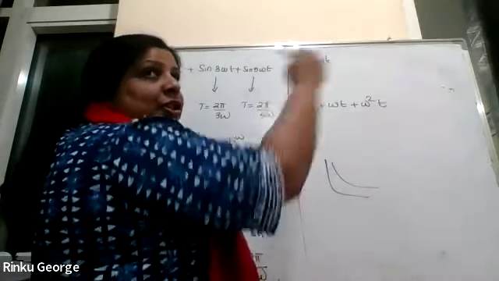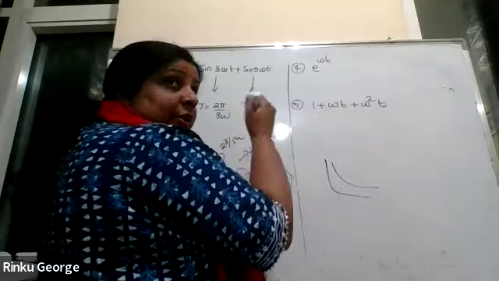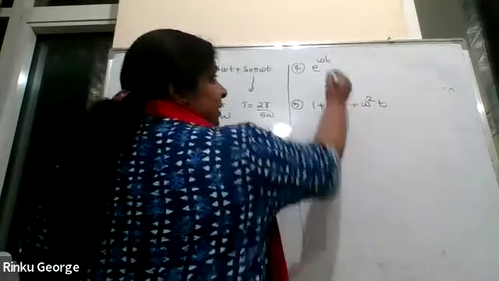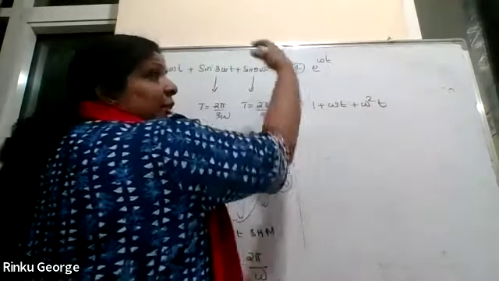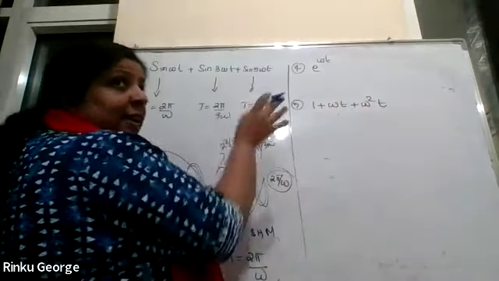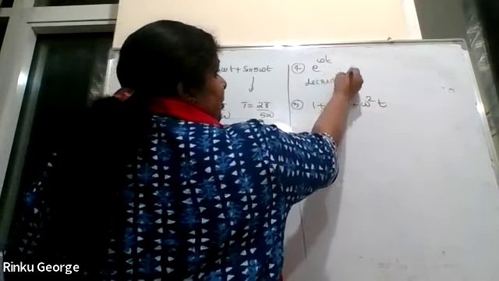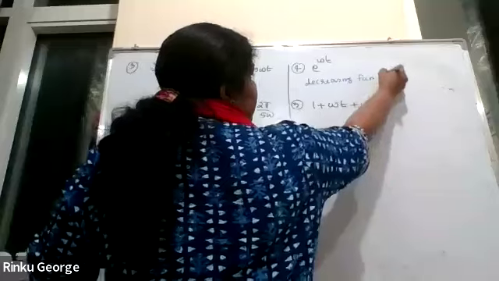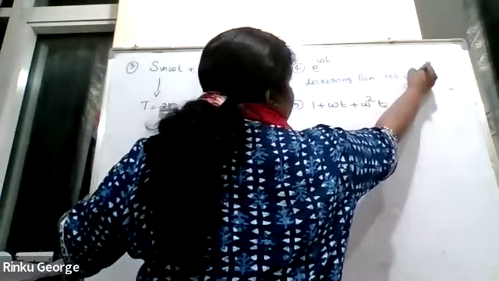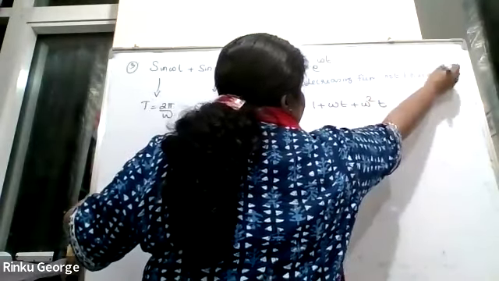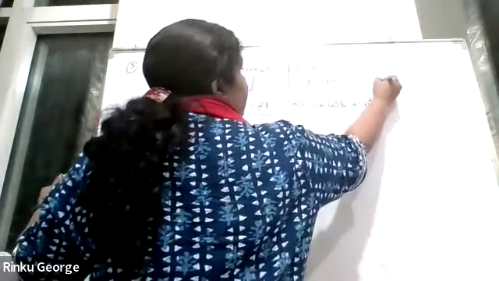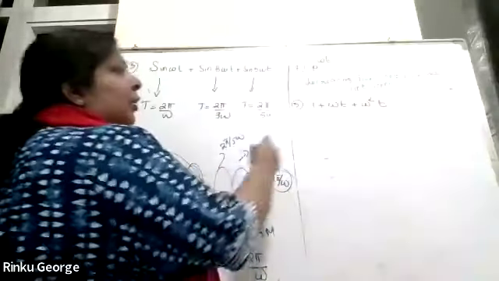So this is a decreasing function, hence not periodic, not SHM. Anything e raised to is a decreasing function. Understood?